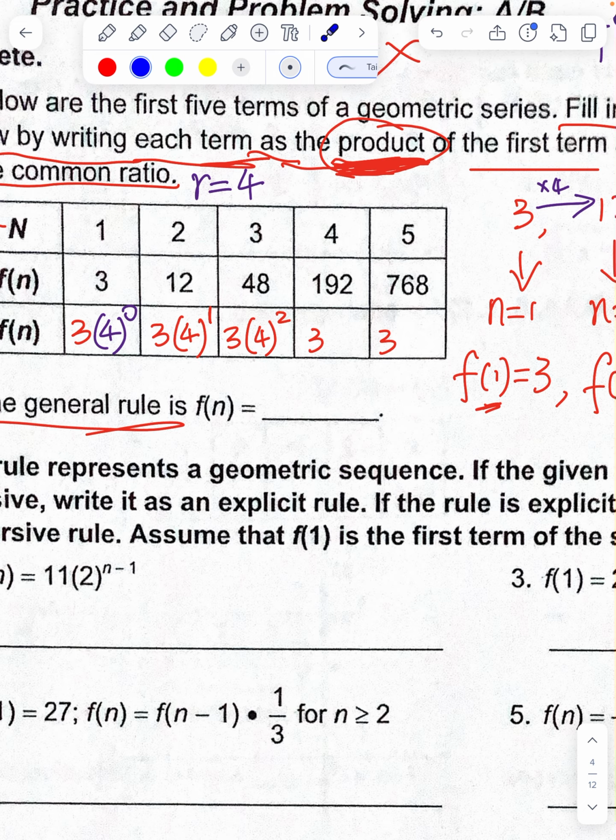So the first one is 3 times 1. The second one, 3 times 4. And then the third one, 3 times 4 raised to the second power, I mean 3 times 4 times 4. Multiply each term by 4, to keep multiplying by 4.